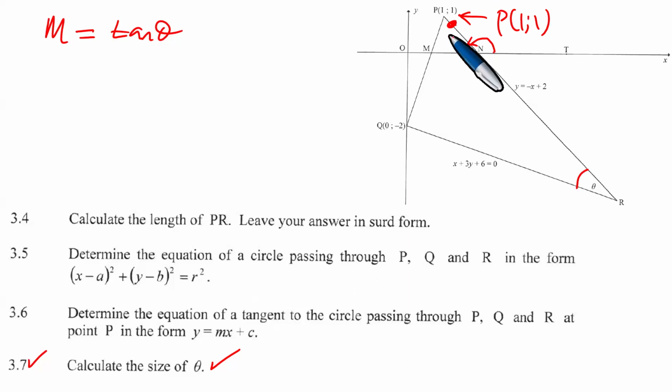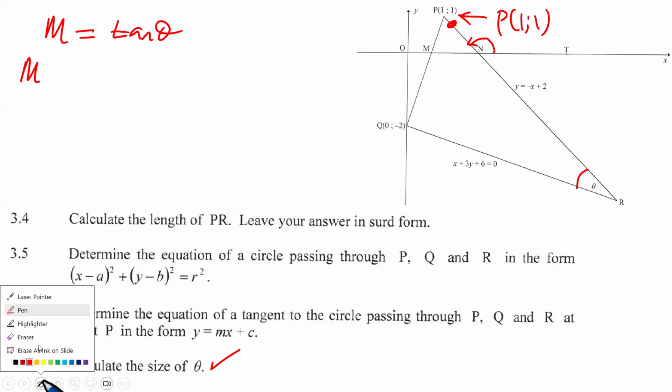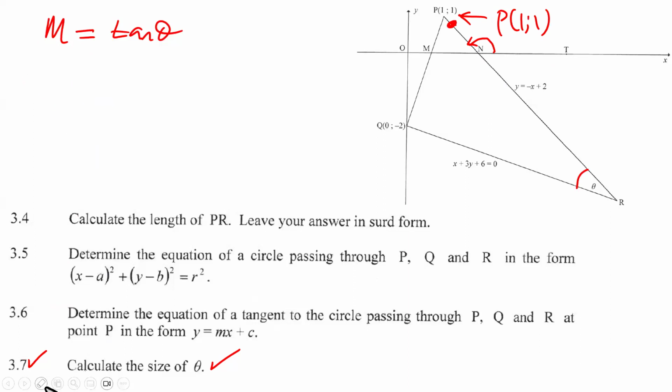So now you can find the angle P and T. So we can find the gradients, or rather the tangent. Okay, let us find the tangent of the angle P and T. This one, P and T. The formula we use to find angles in analytical geometry is the tangent formula.